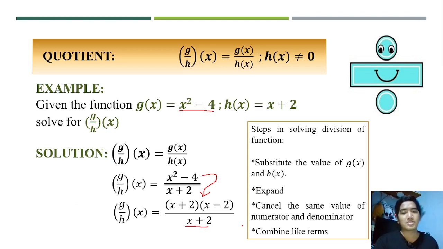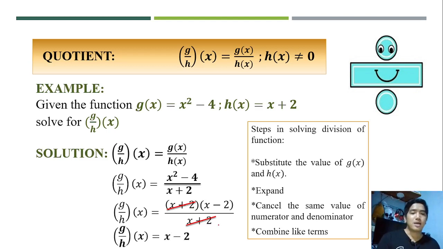So pwede natin i-cancel yung x plus 2 sa numerator and yung x plus 2 sa ating denominator. Okay? Next. So since na-cancel natin si x plus 2 sa numerator and x plus 2 sa denominator, our answer will be x minus 2 na lang. Okay? So that will be our final answer for our quotient.